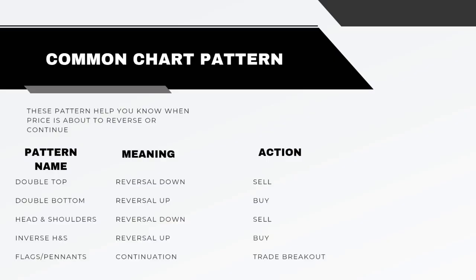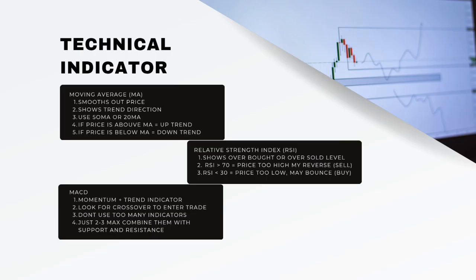We're looking at very simple, take your time, no rushing. We're looking at technical indicators. So there are simple ones you can start with. You can start with the moving average, MA. You can start with RSI, relative strength index, or you can do momentum plus trend indicator.